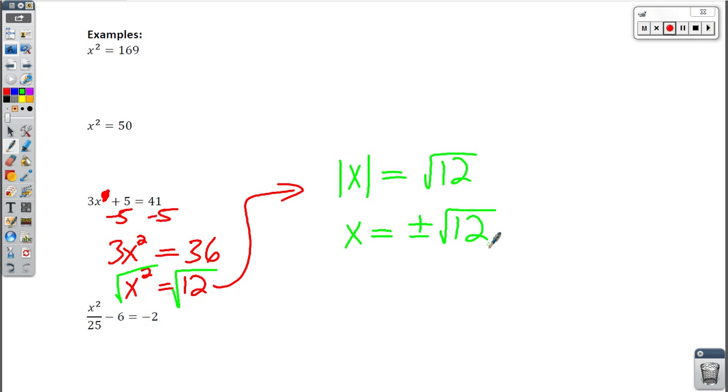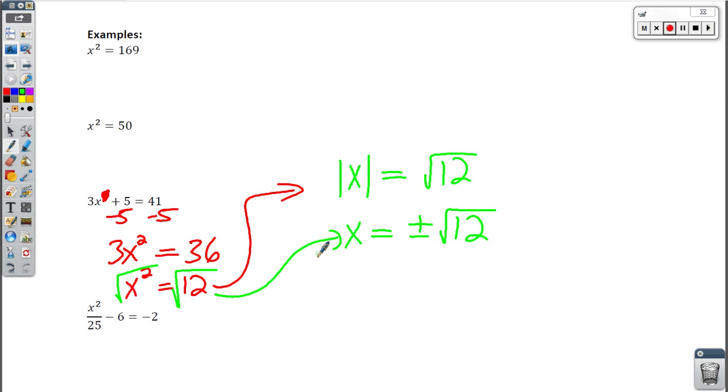Now, since we've done a couple of these now, I'm totally fine with you guys taking a shortcut and skipping over this absolute value step. If you just want to skip straight from here over to here, and just say, okay, when you take the square root when you're solving an equation, you're going to get a plus or minus, I have no problem with that.